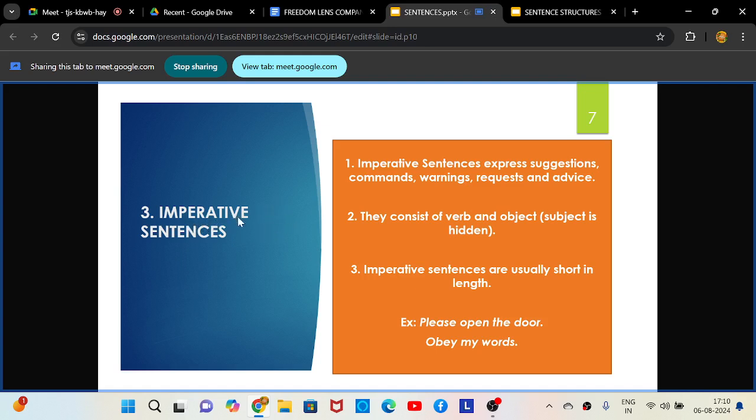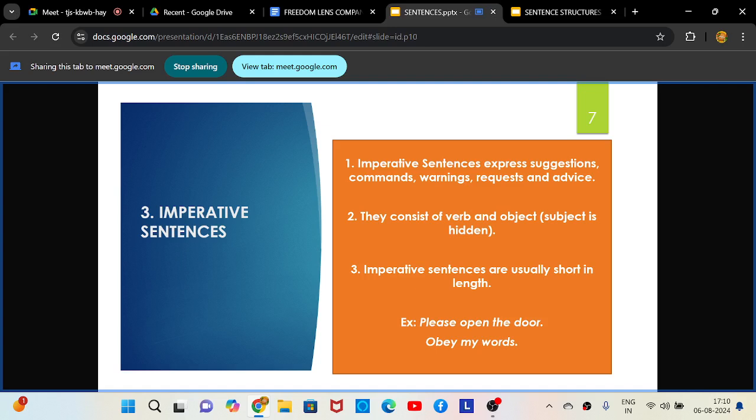Now moving to the third type of sentence, called imperative sentences. Imperatives are similar to assertive sentences. They end in a full stop only, but they are not as long as assertive sentences. Imperative sentences are generally short messages or commands, requests, warnings, suggestions, advice, etc. So imperative sentences express suggestions, commands, which means orders, warnings, requests and advice.